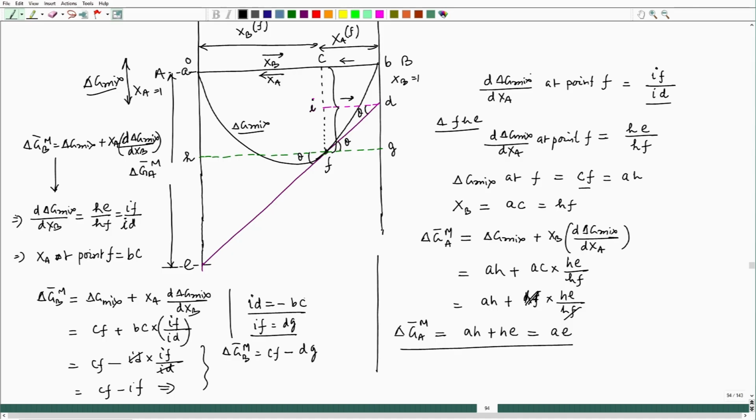So, then Cf can be replaced with Bg. So, then Cf is replaced at Bg. So, it becomes Bd. Okay. So, that means from here we can see that delta G bar MB is nothing but Bd. So, this quantity.